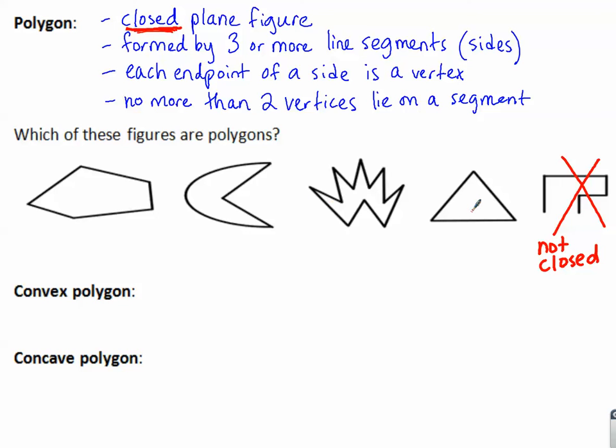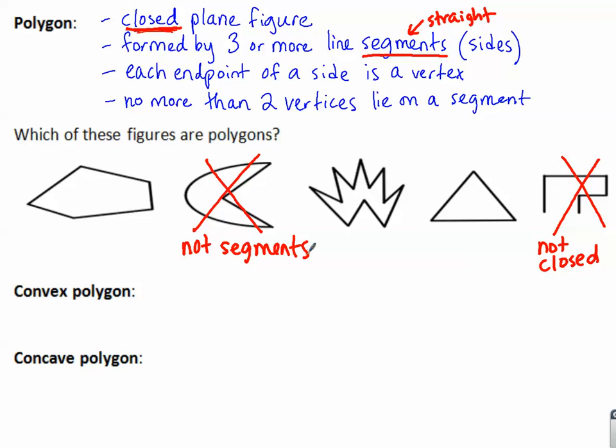None of these other ones are open. Formed by 3 or more line segments. So segments, we want to think of not curvy, straight. Okay, segments are straight, not curvy. So of these pictures that follow, this one is not made up of segments.